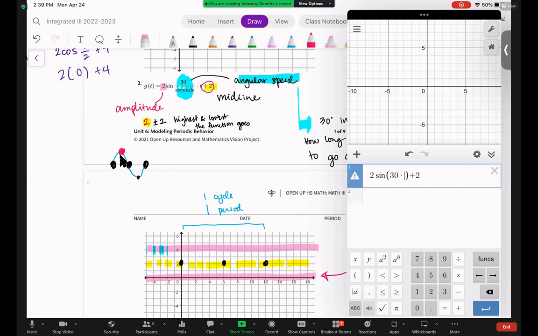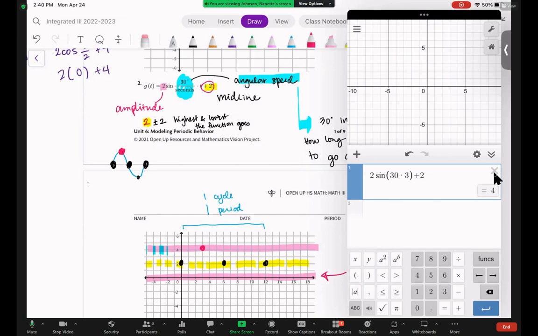Why would it be 3? Yeah, because it's half of the half, right? Or it's a fourth of the 12, right? So we're just going to go with halves here. So at 3, it's 4. At 3, my output is 4. So I'm going to do that.